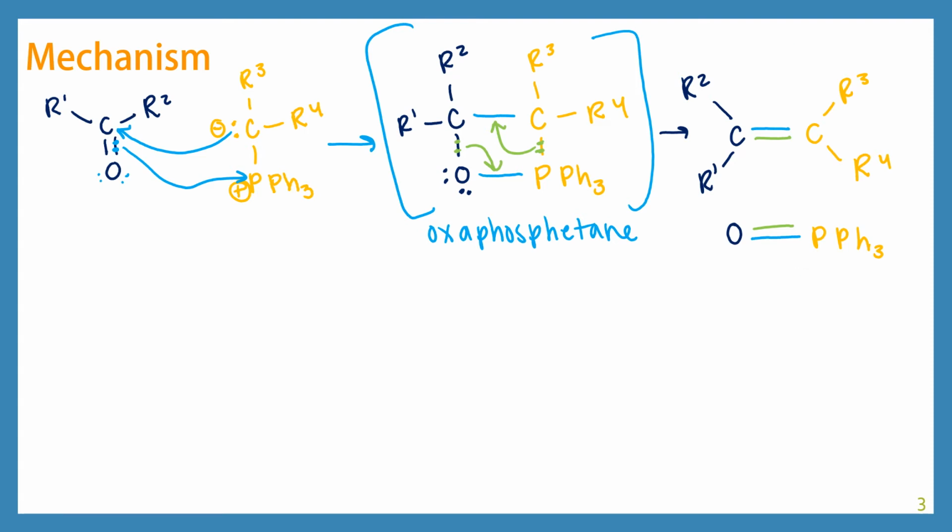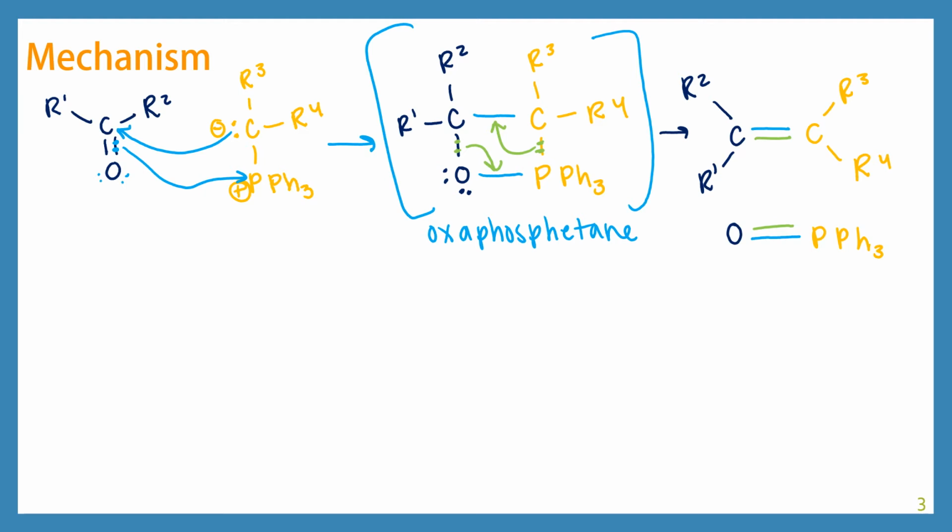So this is the part where it's important to note that if the E or Z isomers are both possible, the Z isomer is going to predominate. So that is just depending on which way these two things are attacking each other.